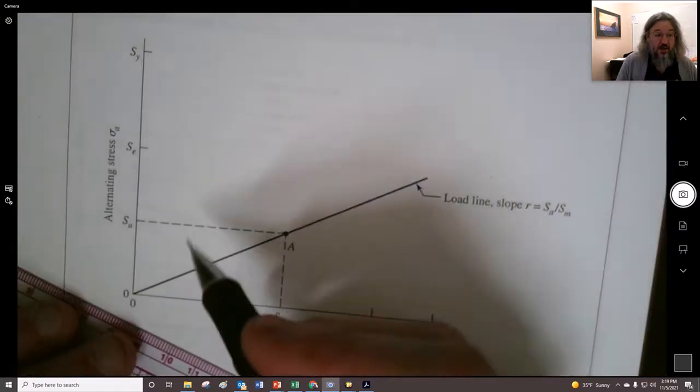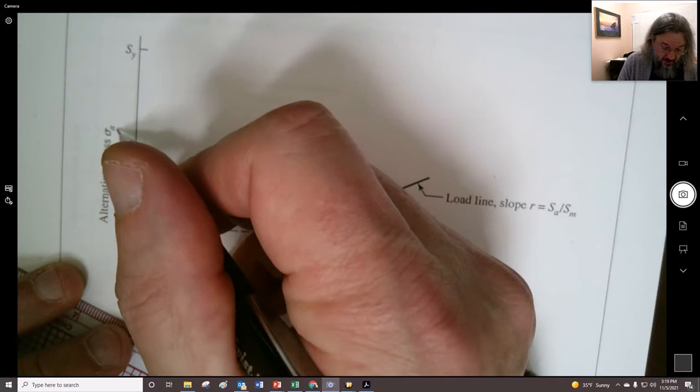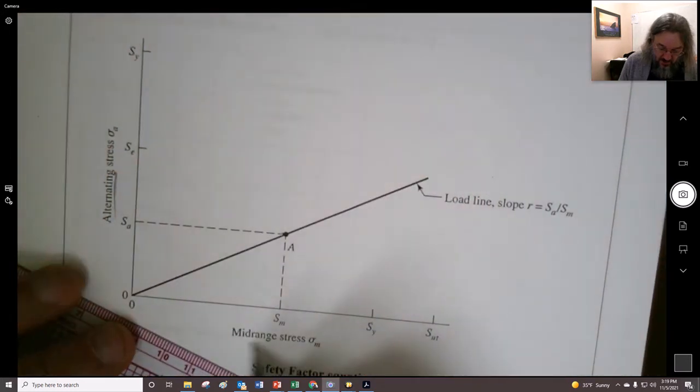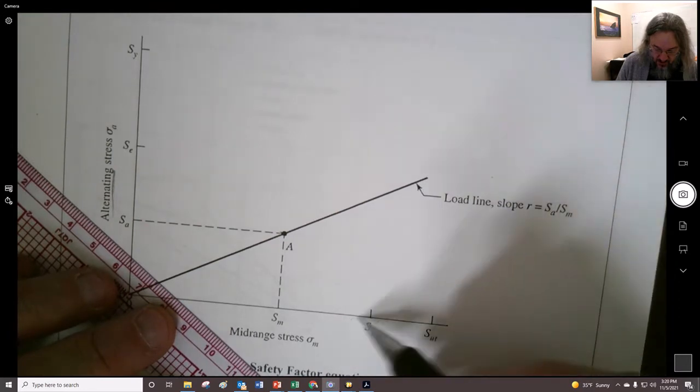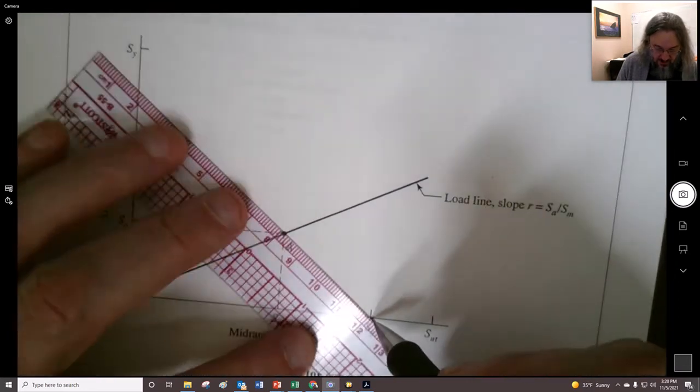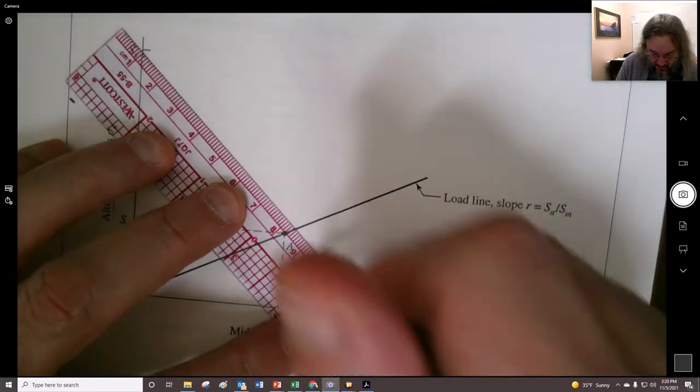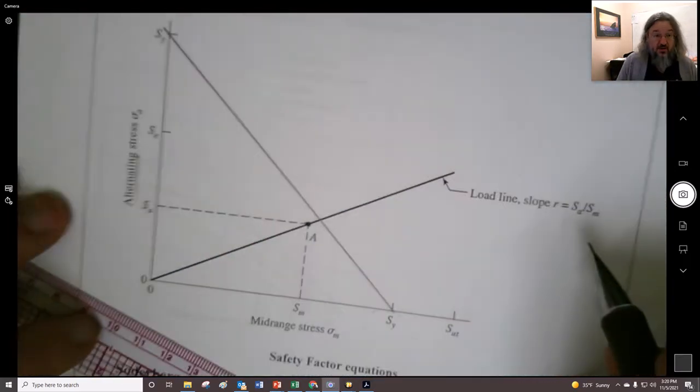So on an amplitude, or alternating, I guess I went with alternating in mid-range, it's a line. Then this should actually be scaled so that they're the same scale, but here this should be like 45 degrees, and we say that we're right in there.